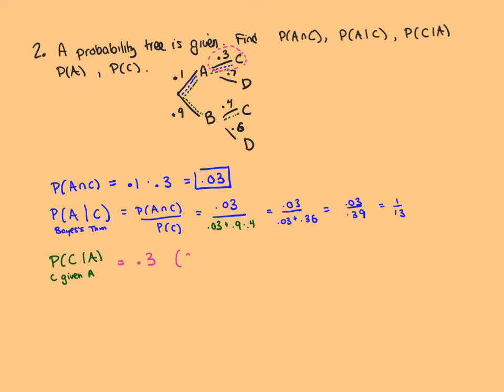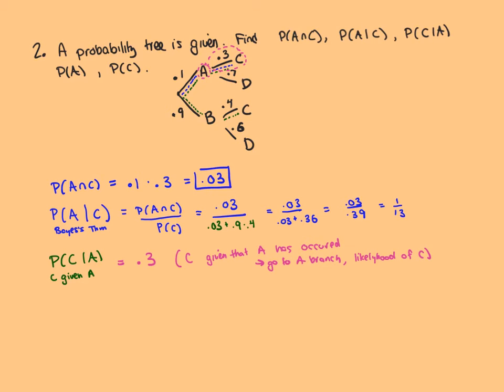So that's C given that A has occurred. I know I go to the A branch, so I'm sitting here at A, and then from there, I just look at the likelihood of C. So that just gives me that 0.3.